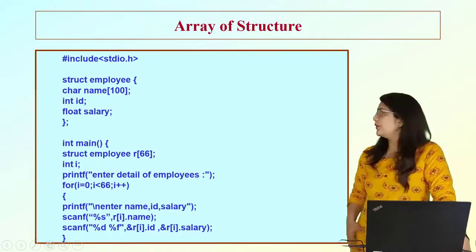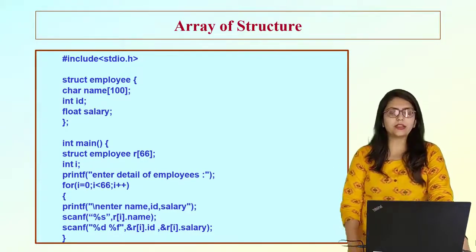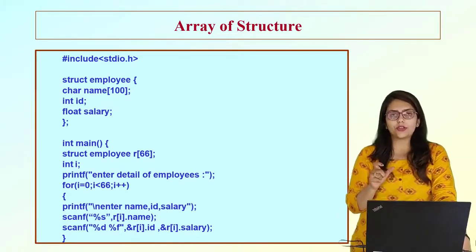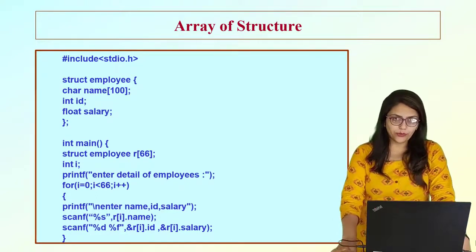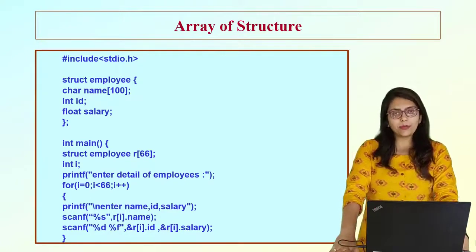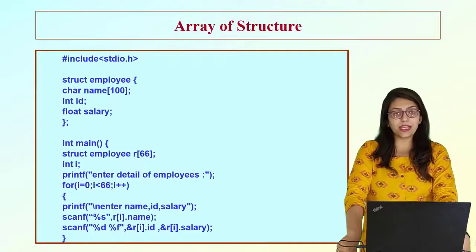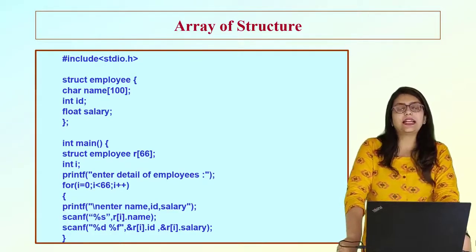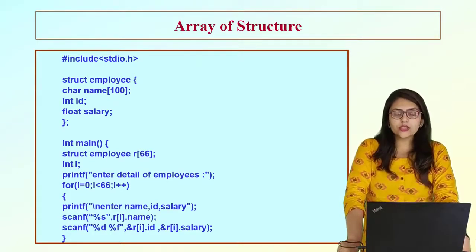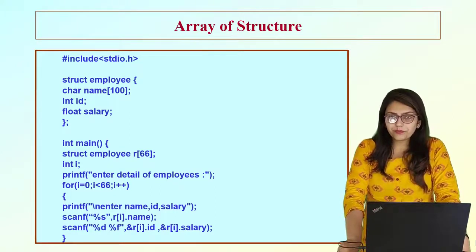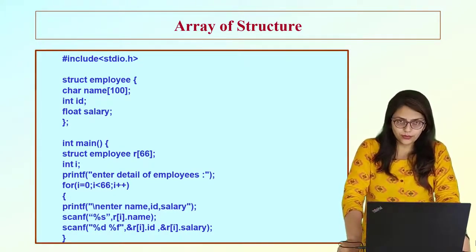So this is the code for array of structure. Here I have created one structure named employee. Now you know that an employee may have ID, they may have salary, obviously they are having salary, and they are having name. So ID is integer, name is character array, and salary is float over here.